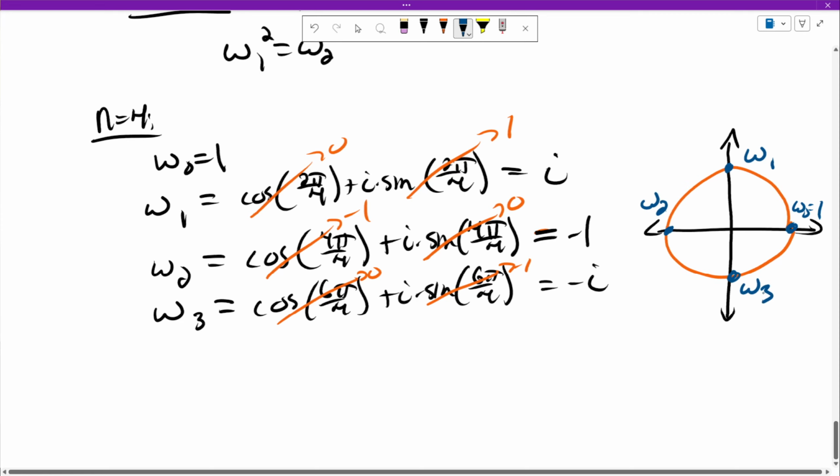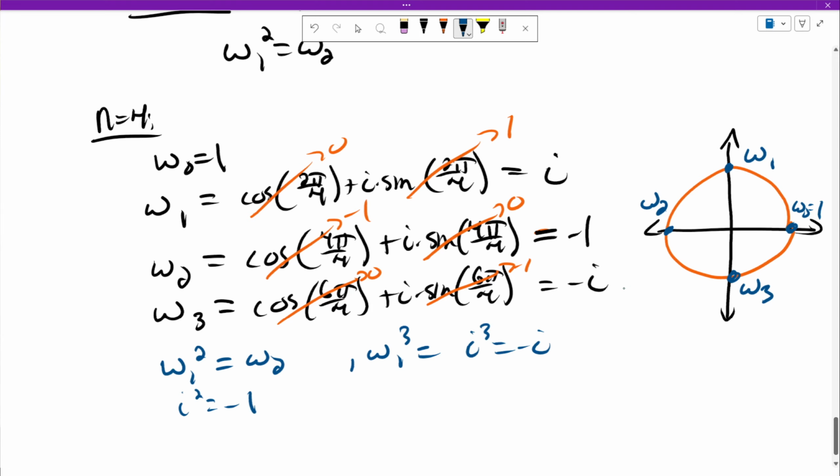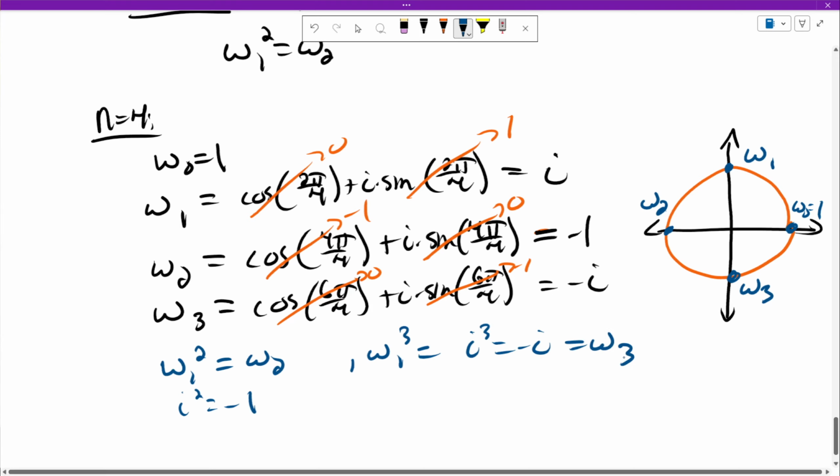W3 is -I, it's down there. Let's also notice that W1 squared is W2, because I squared is -1. And W1 cubed is I cubed, which is -I, because we get an I squared in there for a -1, but then we have our leftover I. And that's W3. W1 to the fourth is 1. I to the fourth is clearly 1.